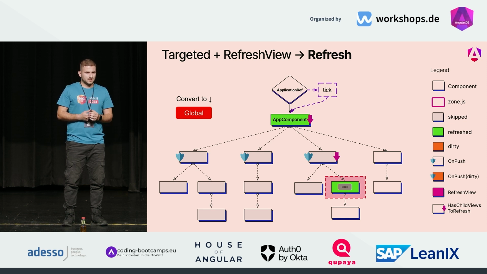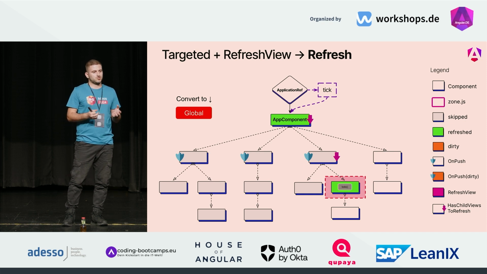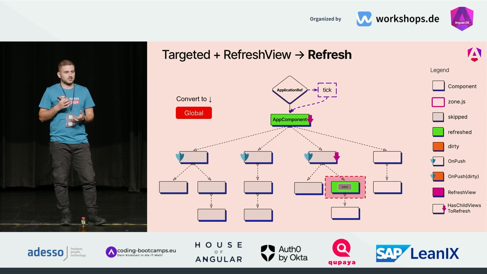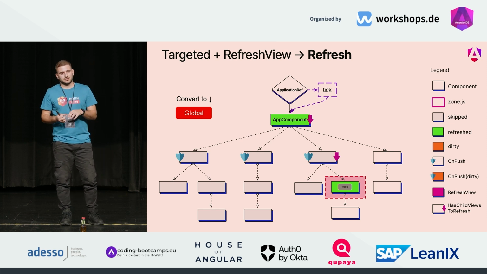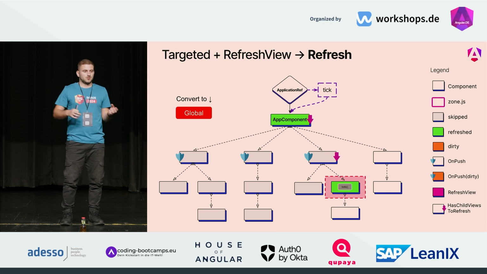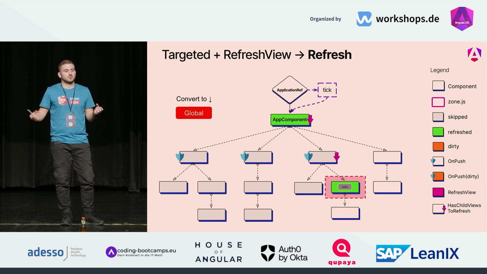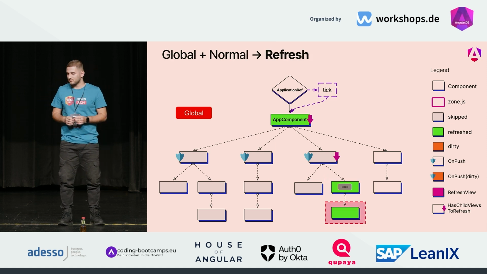The reason is backwards compatibility, because now, even if we have signals, we can still use default change detection components inside of signals. And those also need to be updated. So this way, Angular doesn't break the old components, but also introduces this new optimization of the change detection.